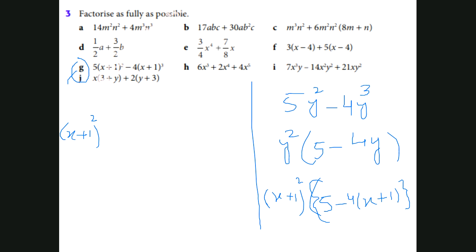Here is a bracket, so 5 will remain. Why? Because x plus 1 whole square as a common, then minus sign, then 4, and x plus 1 whole cube divided by x plus 1 whole square, it means x plus 1 will remain. So this is the answer. I hope it is clear.